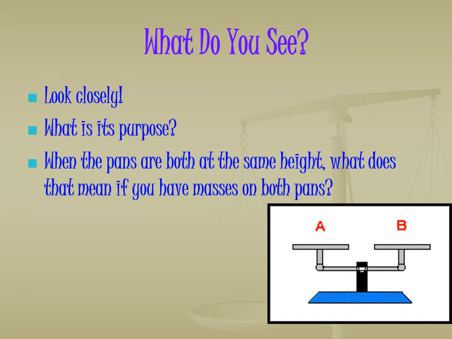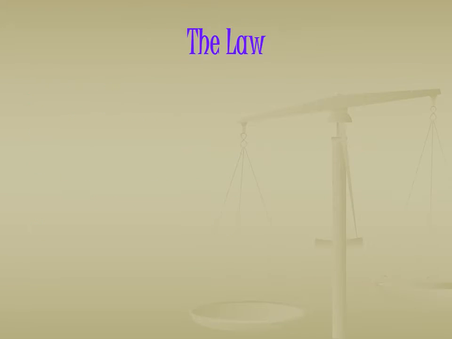If I were to put a hunk of atoms in pan A and a hunk of atoms in pan B, what would this scale tell you about the masses of both pans? Well, it would tell you that they were equal. We're going to keep this in mind as we continue through this lesson.